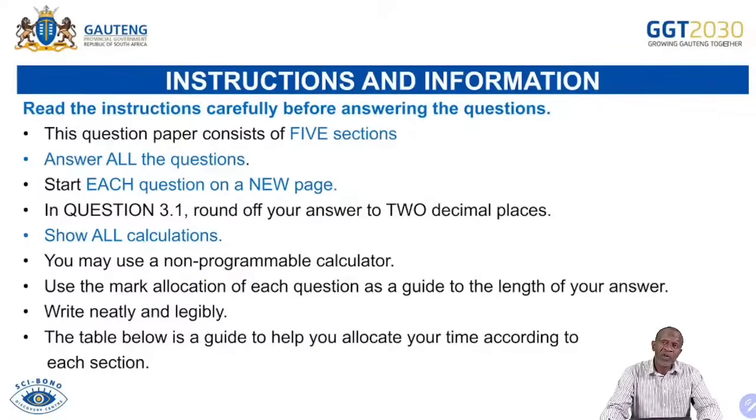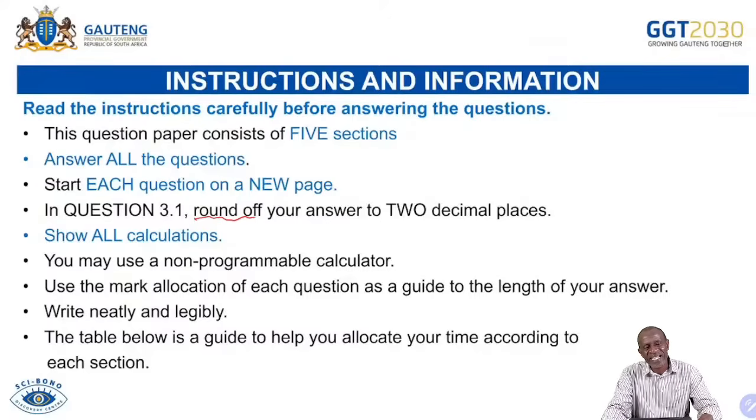As we look into bullet number 4, in question 3.1, it says round off your answer to 2 decimal places. Can you see how important these instructions are? You may find that when you get to question 3.1, this instruction is not indicated in your question.